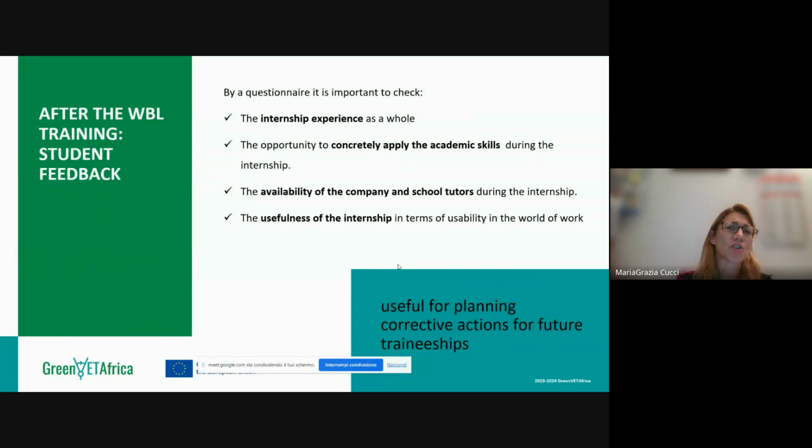Then we have to check whether the company tutor and the school tutor were available during the internship. What do we mean by available? It doesn't mean that the tutor is always there for the student, of course, but he has to be there in case of need. He has to be there in case of questions the student is not able to understand, and in case of problems.